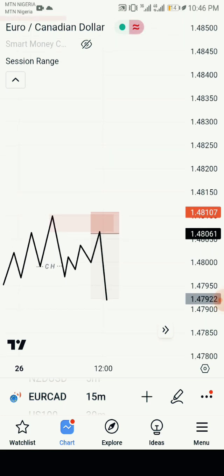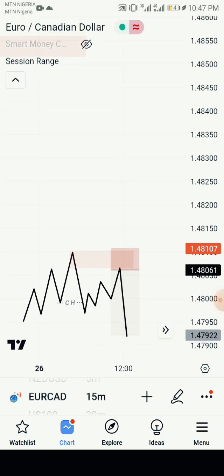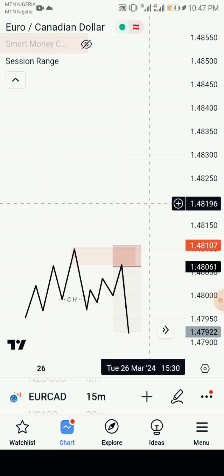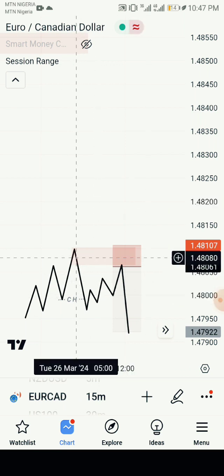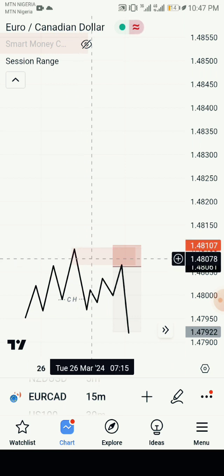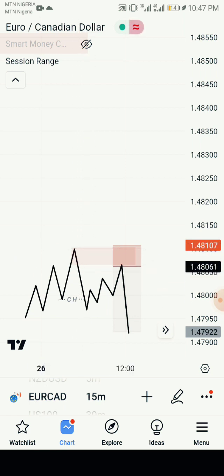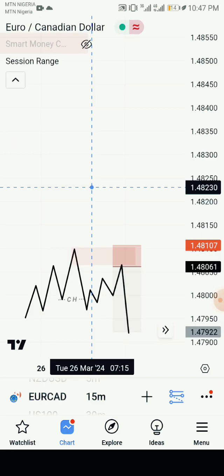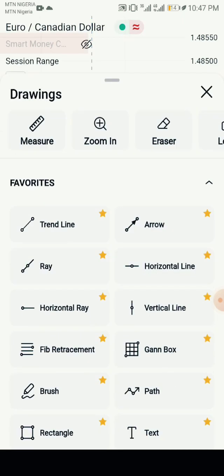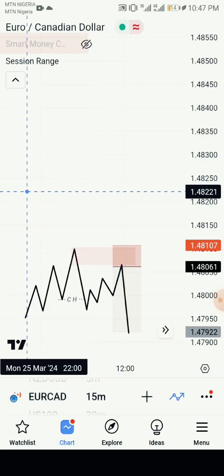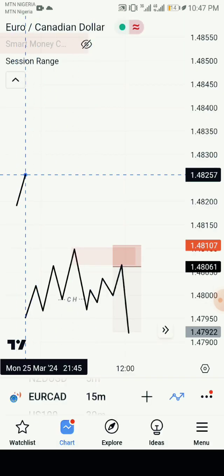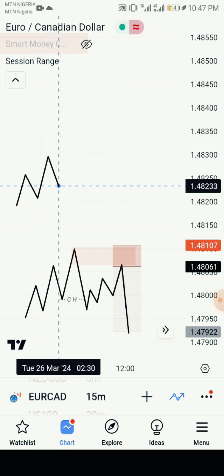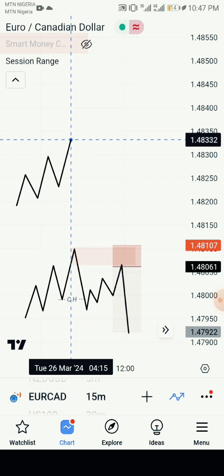So now a Quasimodo, this is what the Quasimodo looks like. High, low, high, low, high.